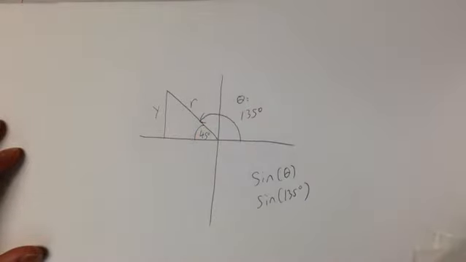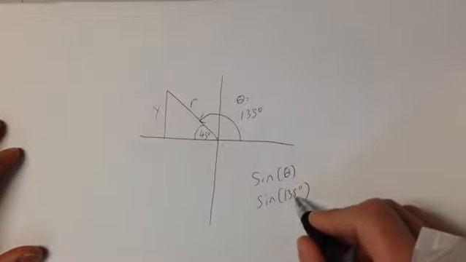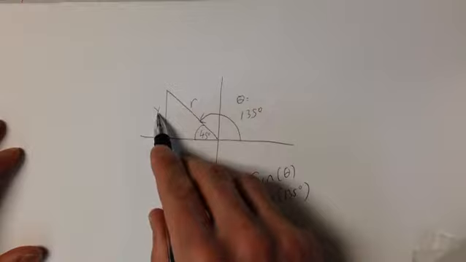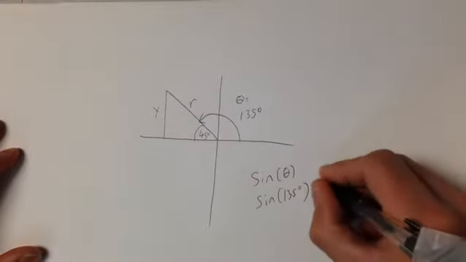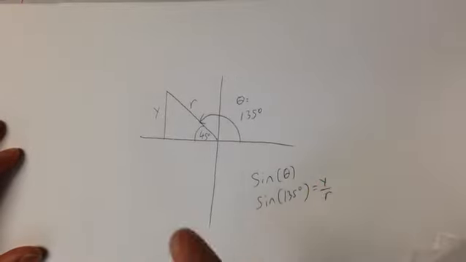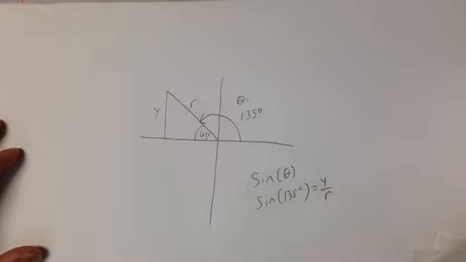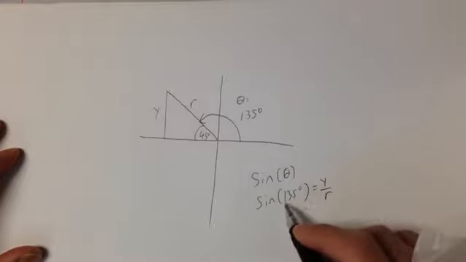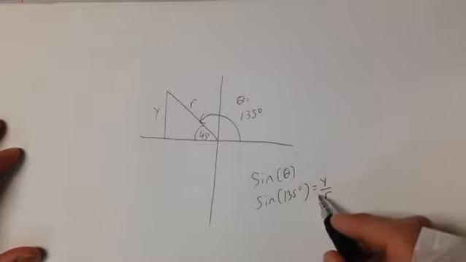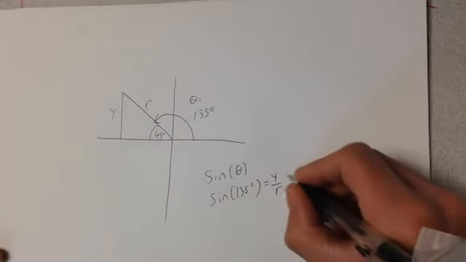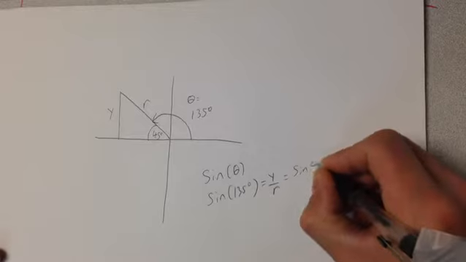What that tells you is that the sine of 135, which is y over r, is the same as the sine of 45 degrees. So we call 45 degrees the reference angle. So the sine of 135 degrees is equal to the sine of 45 degrees.